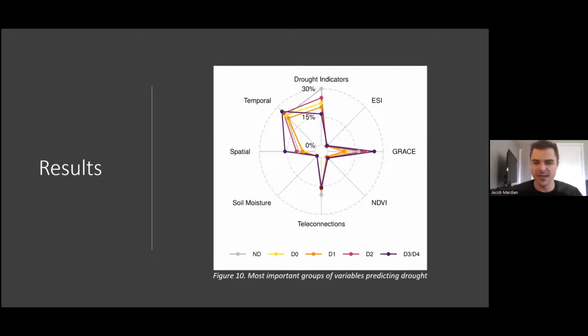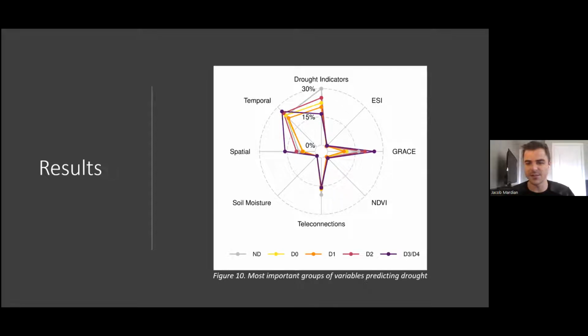So I've even grouped together some of these values to try and understand what types of data sets are optimal for drought monitoring. At your 12 o'clock, we basically have our climate data, which is of course important for predicting all categories. At our 6 o'clock, we have teleconnections, which again, quite important across the board. If we look at our 3 o'clock, we have our GRACE satellite, which is quite interesting.